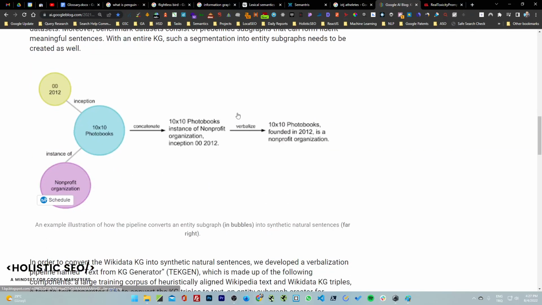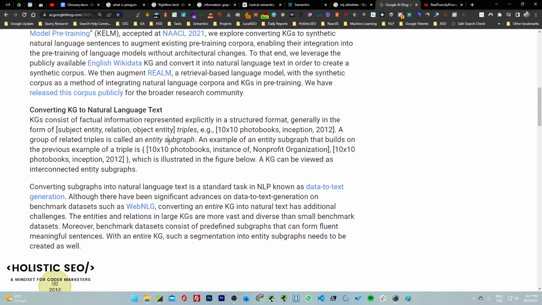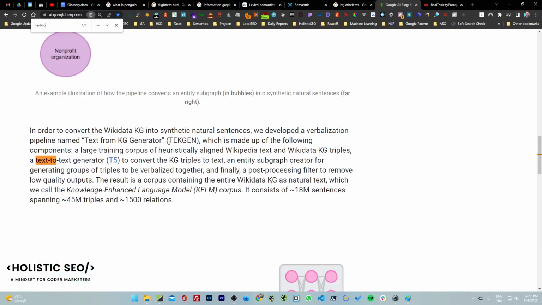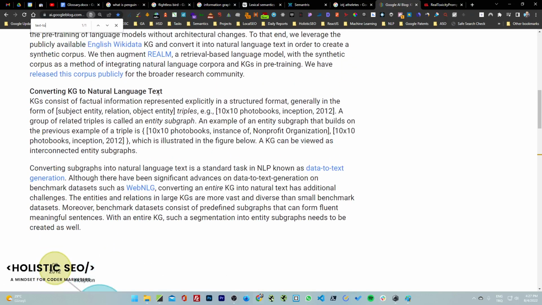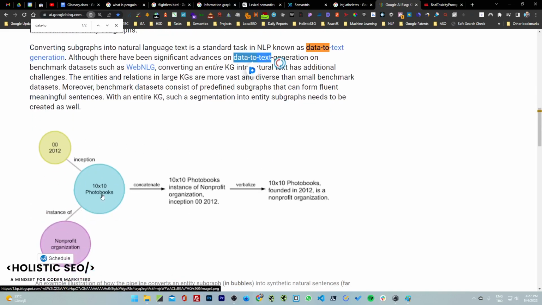And to be able to decrease that, we have a method that we call text to text generating. And another thing is actually data to text. So when you look at the method of data to text, here you see a knowledge graph, a simple and small knowledge graph.